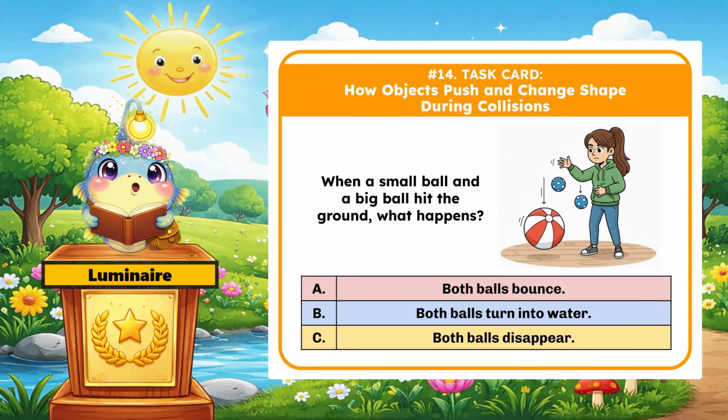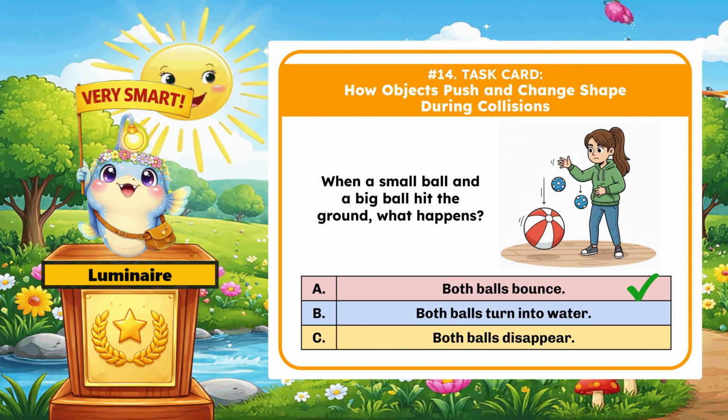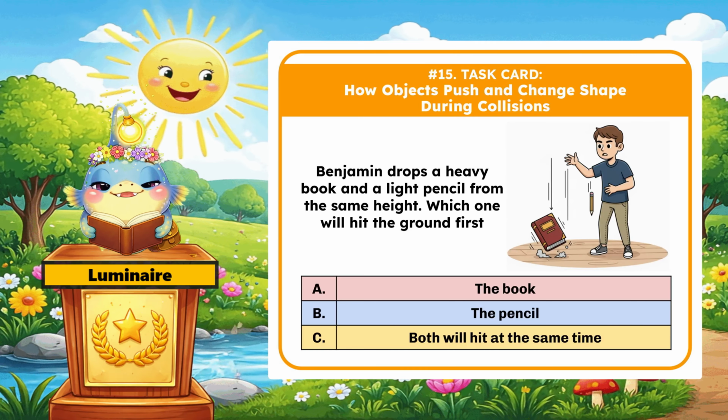When a small ball and a big ball hit the ground, what happens? And the correct answer is letter A. Both balls bounce. Benjamin drops a heavy book and a light pencil from the same height.